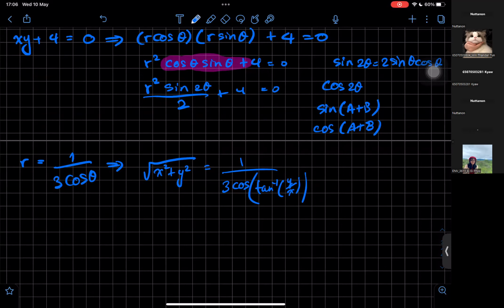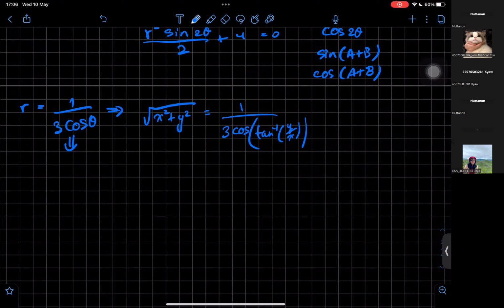But most of the time you don't see this type of equation in the multiple choice. So you need to do something, right? This thing you can multiply by 3 cos theta on both sides, right? You get 3 cos theta equal to 1, right?